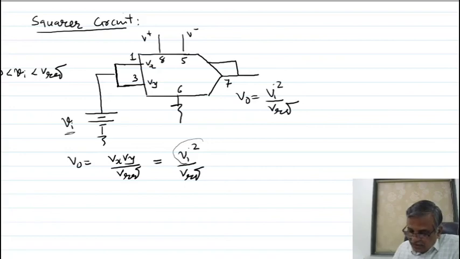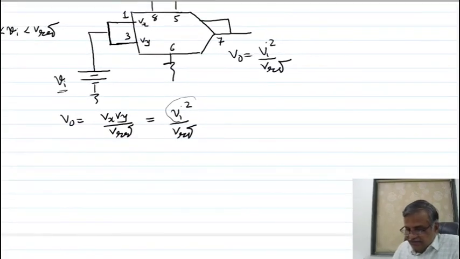Suppose someone says, sir, I have given a signal like this, Vi is nothing but Vm sin omega t.